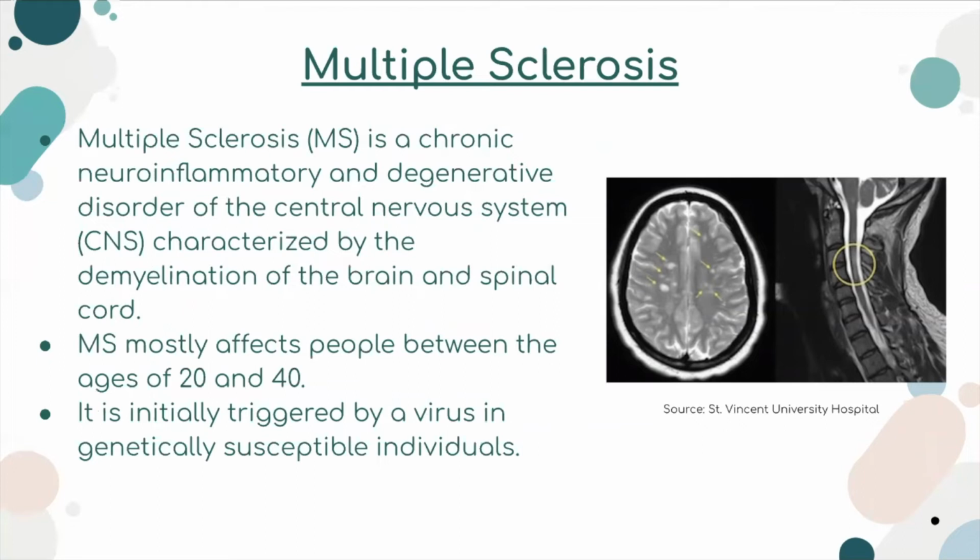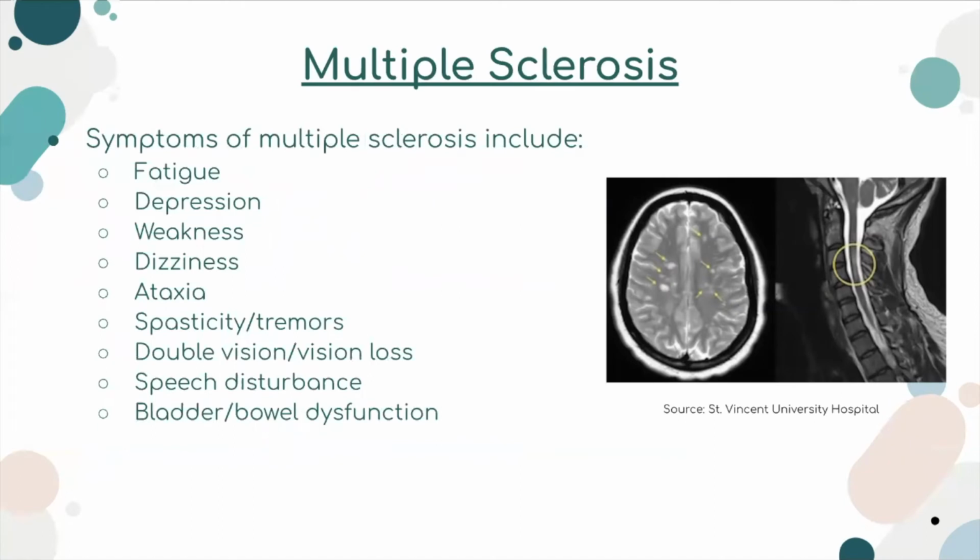It is triggered by a virus that occurs in individuals who are genetically susceptible to the infection. The numerous symptoms for multiple sclerosis include ataxia, which is impaired balance or coordination, spasticity, which is abnormal muscle tightness due to prolonged muscle contraction, and speech disturbance.